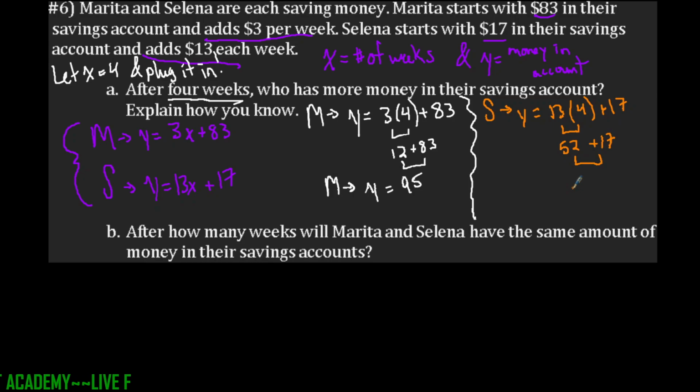And we're going to say their amount of money is going to be $69. Nice. So we have Selena has $69 while Marita has $95. So let's circle it.